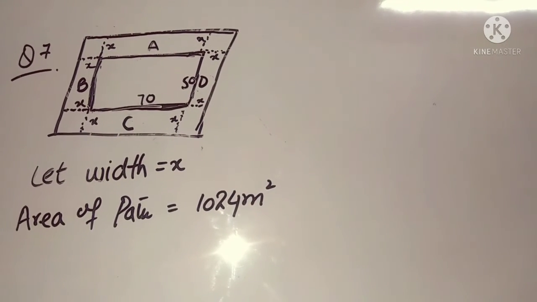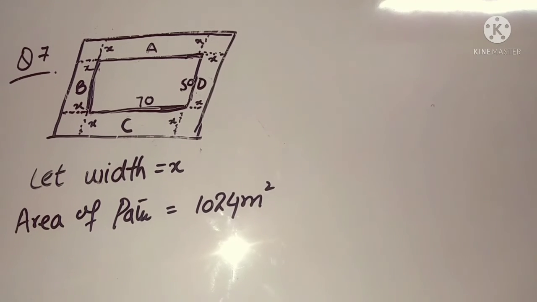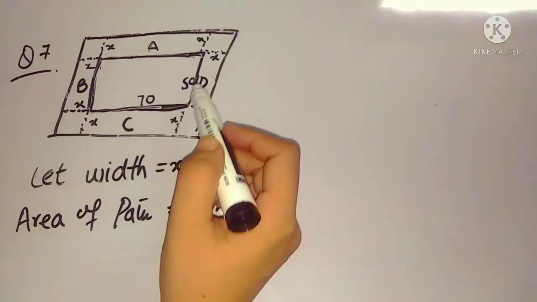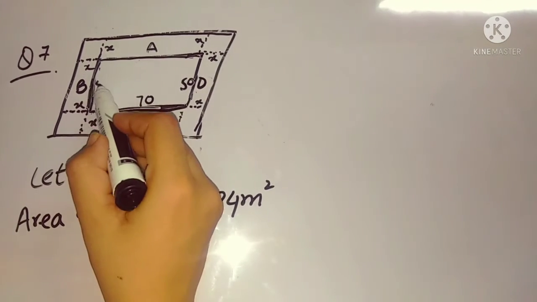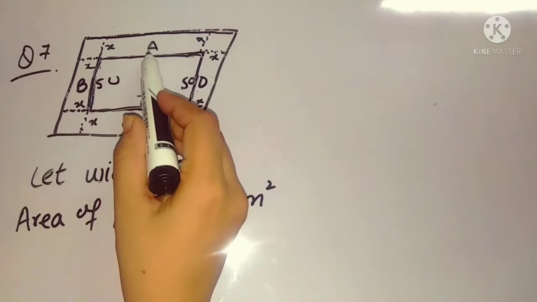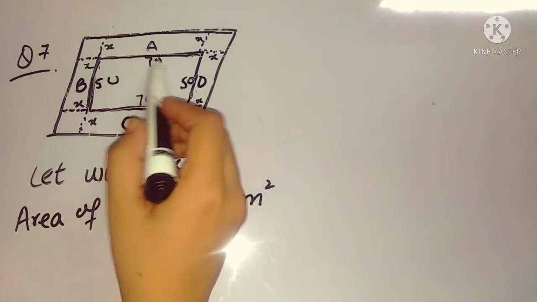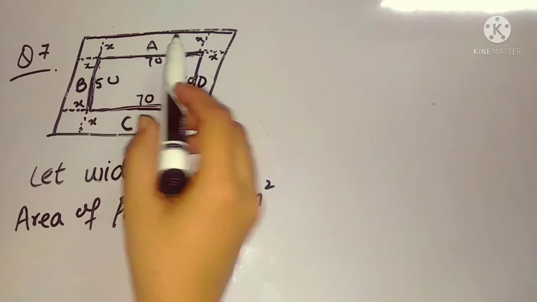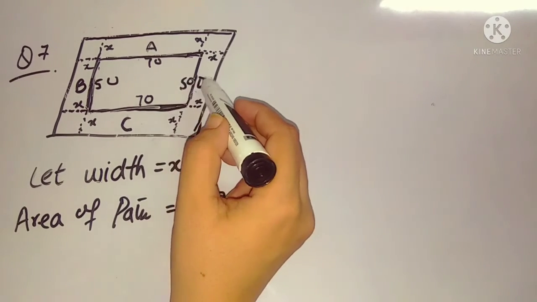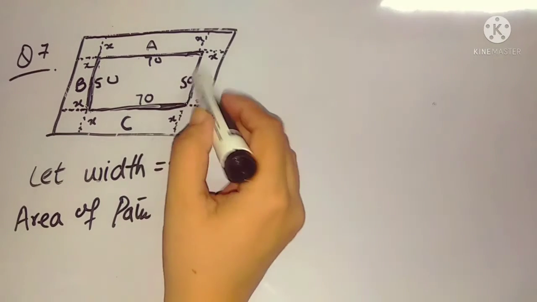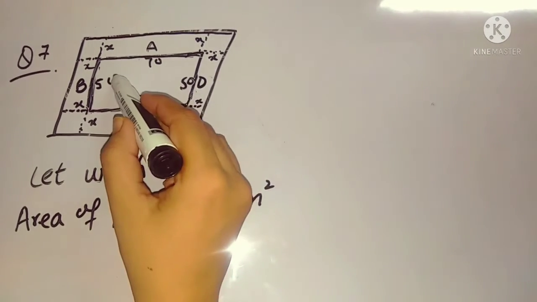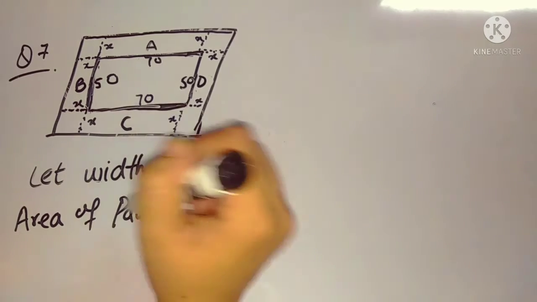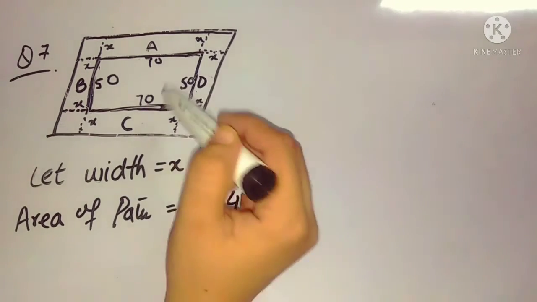As you can see, if this is 50, this is also 50. And if this is 70, this is also 70. This is also the length of the concrete path, and this is also the length of the concrete path. So in the area of the path we have four squares and four rectangles.